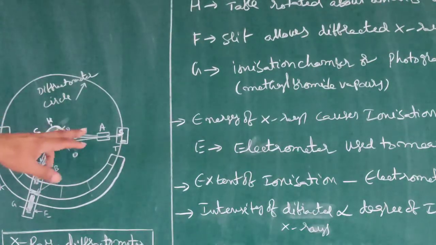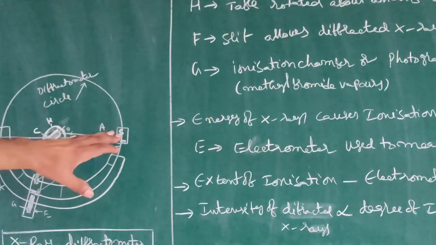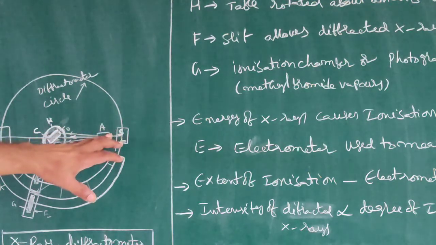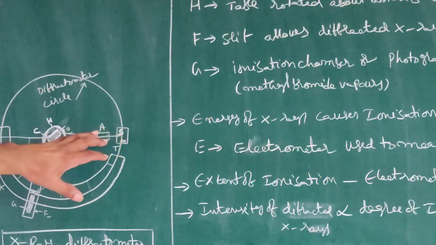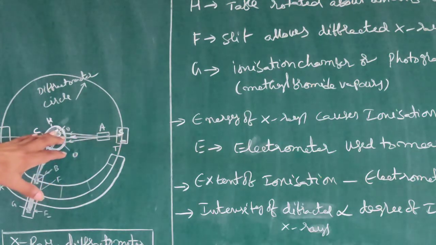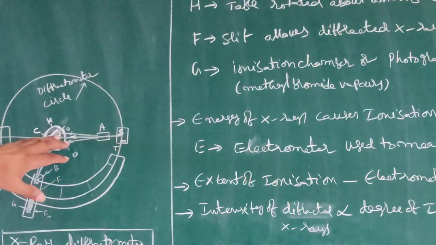If you observe here, this is the source S. From here, X-rays will come towards this crystal powder, which is kept in a capillary tube.